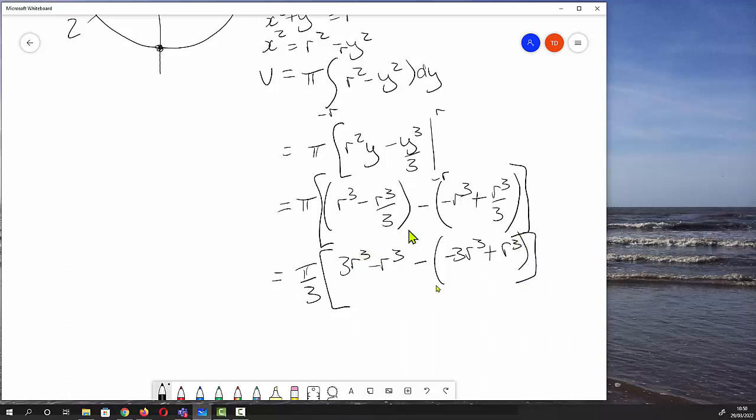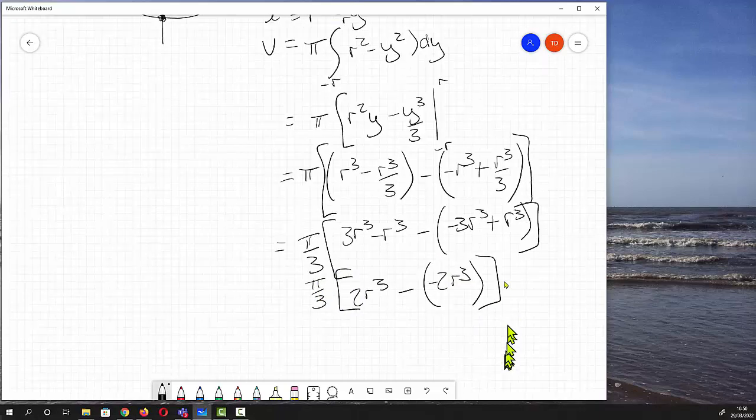Yeah, let's do this bit by bit. I'm just going to expand that bracket. So I'm going to get 3r cubed minus r cubed, so that's going to be 2r cubed minus, let's keep the bracket, so that's going to be minus 3r cubed plus r cubed, so that's going to be minus 2r cubed, brackets, so I need square brackets around that, pi over 3.